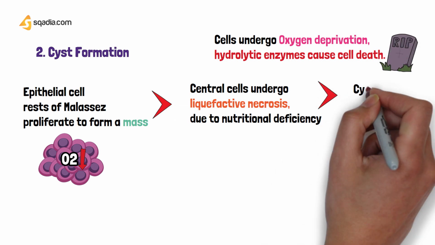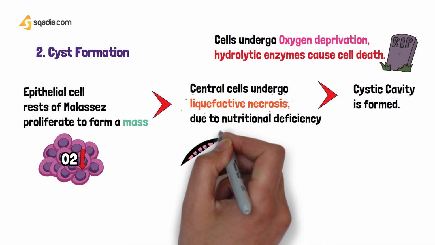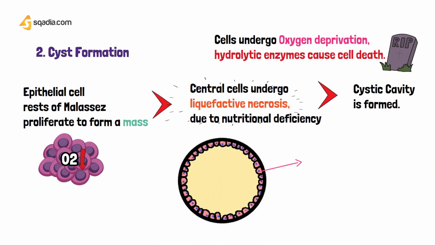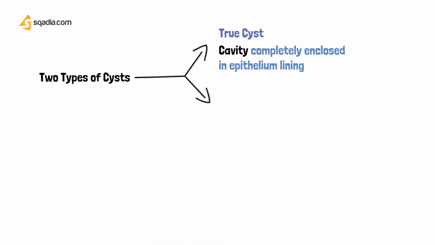Now, what happens next is a cystic cavity is formed. The cyst is lined by epithelial cells and it is surrounded by a cystic wall. And in between all of this, we have the lumen. Now, there are two types of cysts. A true cyst is a cavity which is completely enclosed in the epithelium lining.